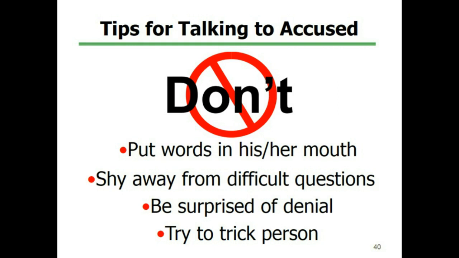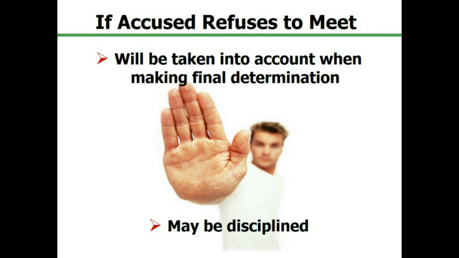People will deny, and we'll talk about how you deal with that, and you don't ever try to trick the person. So what if the accused, or quite frankly, anybody, refuses to meet with you? Well, you've got to communicate to them that meeting with you is their due process right, and that they have the right to tell their side of the story.